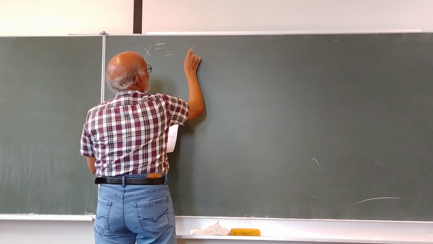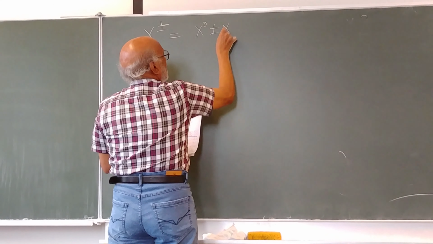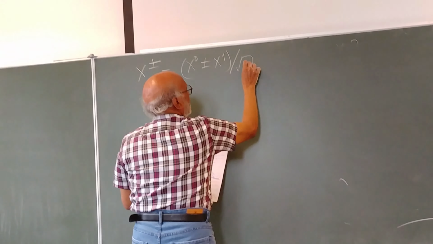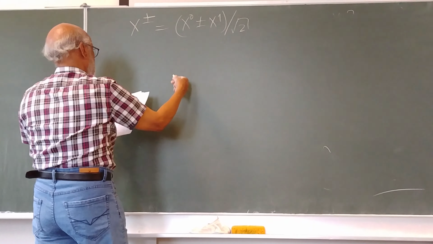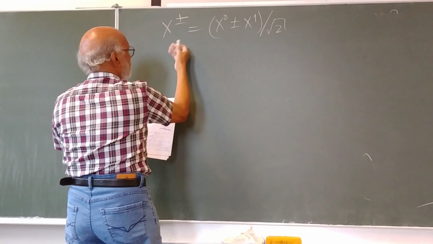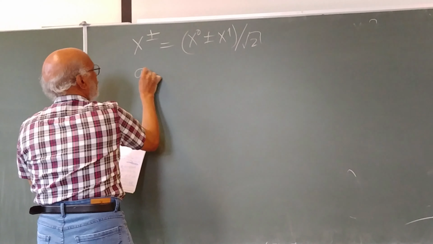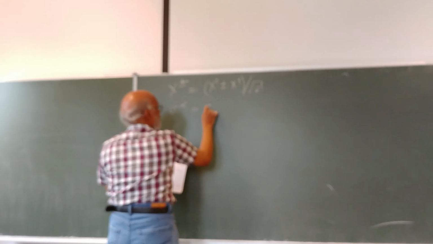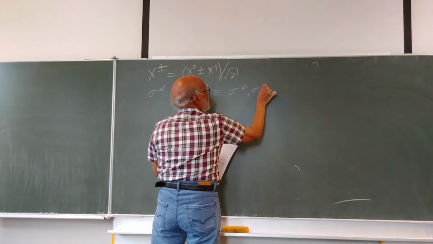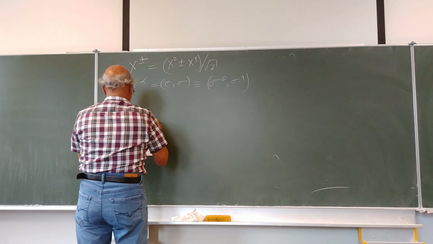The convention that is very much in use is this, and the other one which we would be using more often is sigma alpha is tau and sigma, or sigma 0, sigma 1.